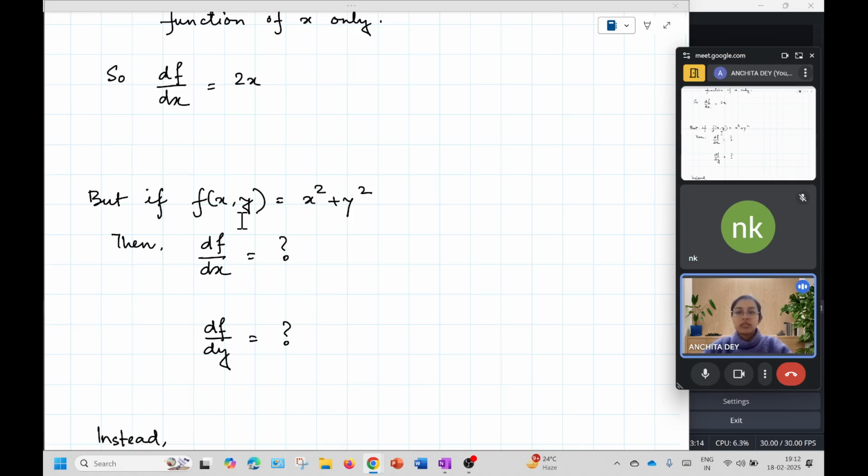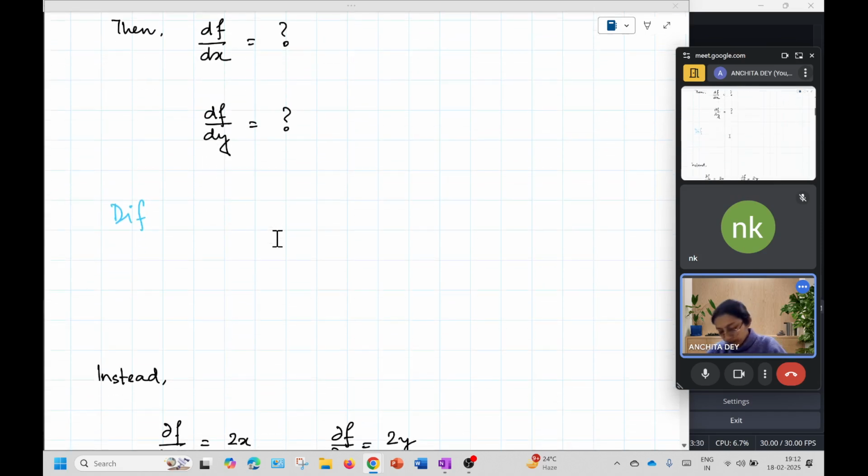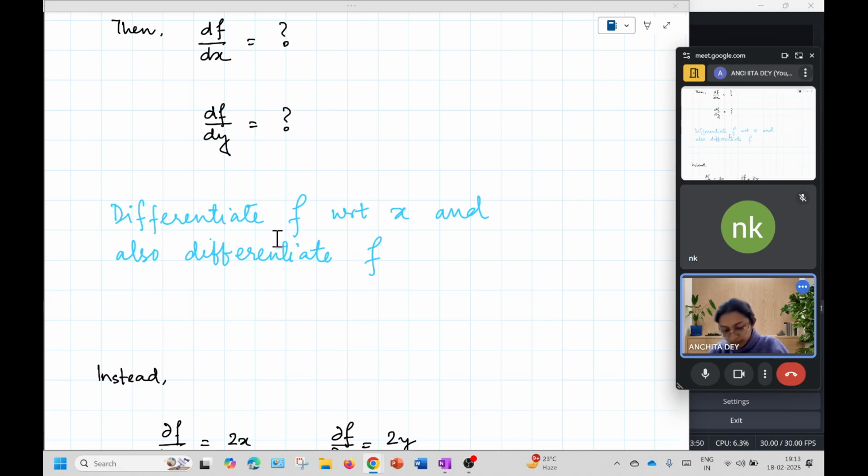That means you differentiate f with respect to x, and also differentiate f with respect to y.